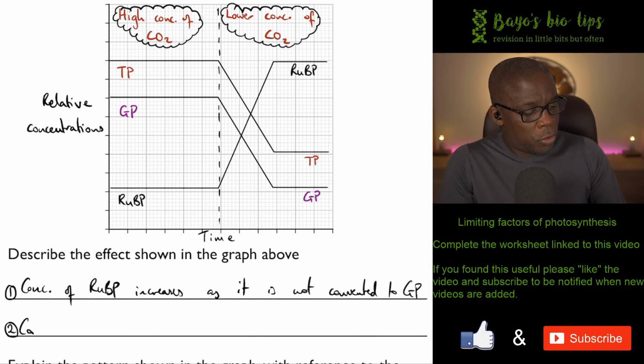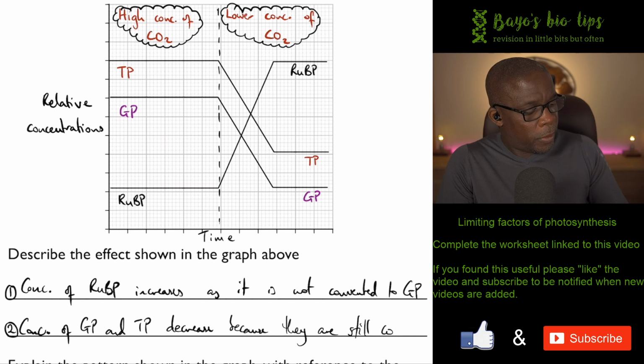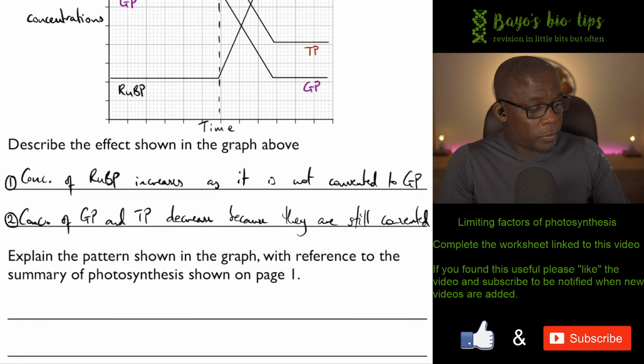And then the concentrations of GP and TP decrease because they are still converted on to other substances. And so that's a description of what we can see in the graph.